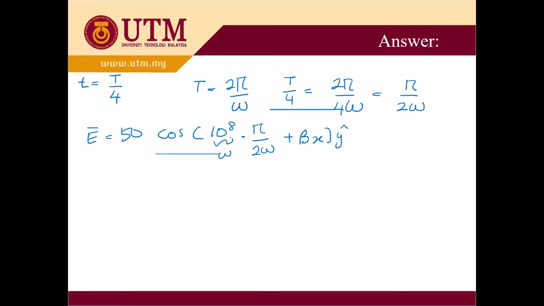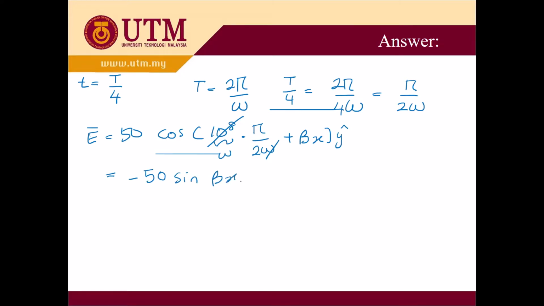So here we can cancel out, and it becomes cos(pi over 2 plus beta x). This expression can also be simplified, because cos(beta x plus pi over 2) is basically equal to minus 50 sine(beta x).